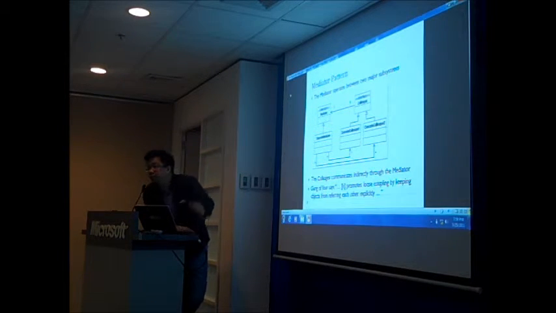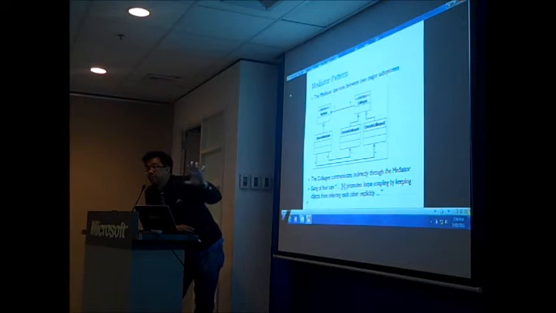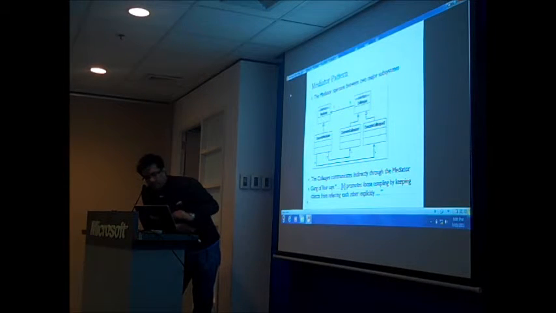We can consider our view as a major subsystem and our model as another major subsystem, and those colleagues can communicate and interact using the mediator. As the Gang of Four said, the mediator promotes loose coupling by keeping objects from referencing each other explicitly. I have to go back to what I said earlier: your view does not know that there is a model, and the model does not know that there is a view.